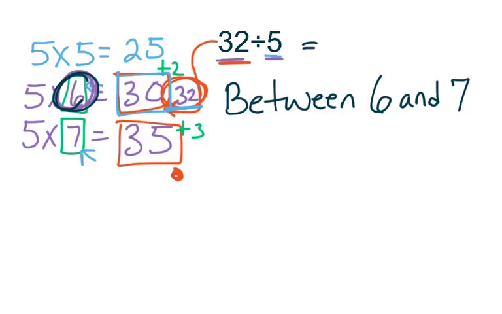So I'm going to list my two quotients that it's going to be between, and then I'm going to say my quotient is going to be about 6. It falls between 6 and 7, but it's going to be closer to 6.